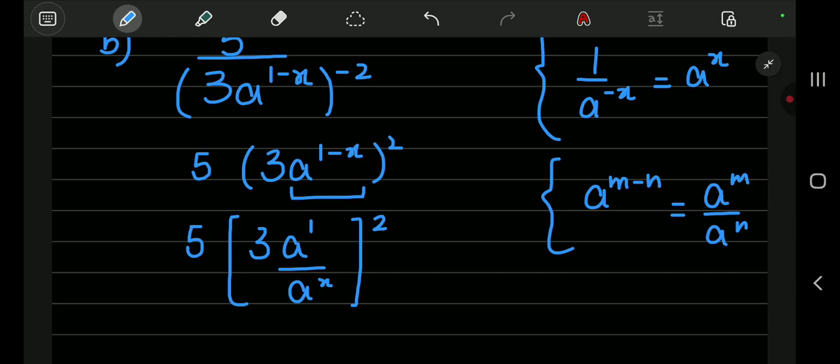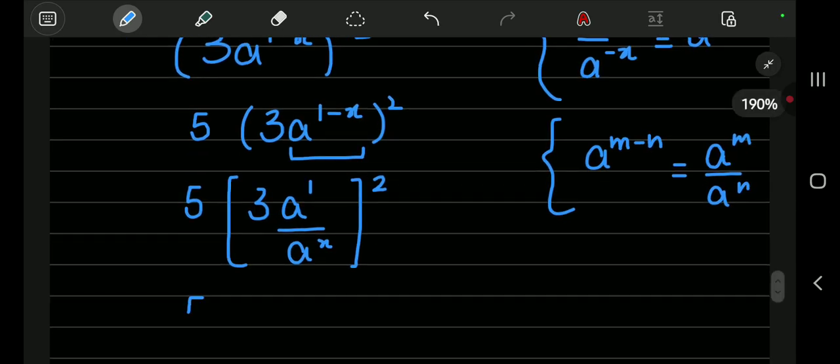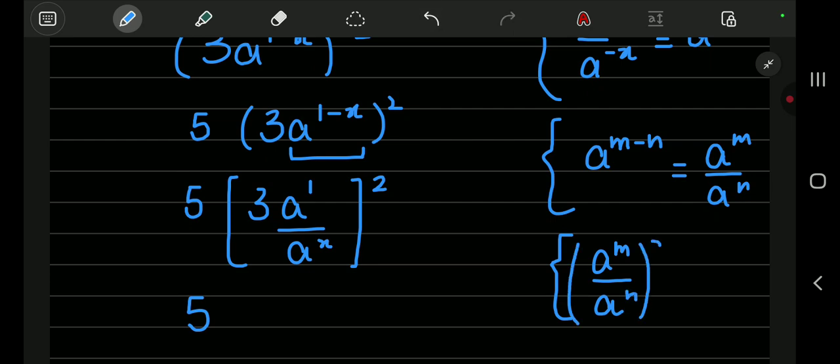Now when you have a whole power, it gets distributed: (a to the power m over a to the power n) whole power x gives a to the power mx over a to the power nx. It gets distributed on each individual number.